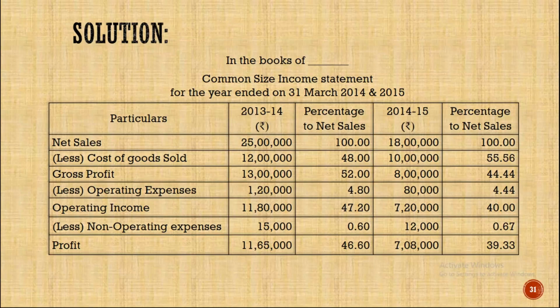Then in the second and fourth column, you can see the amount which was already given in the example. In 2014, we have mentioned all the figures, the amount concerned with the particulars. And in the fourth column, again, we have mentioned the amounts related to the particulars.